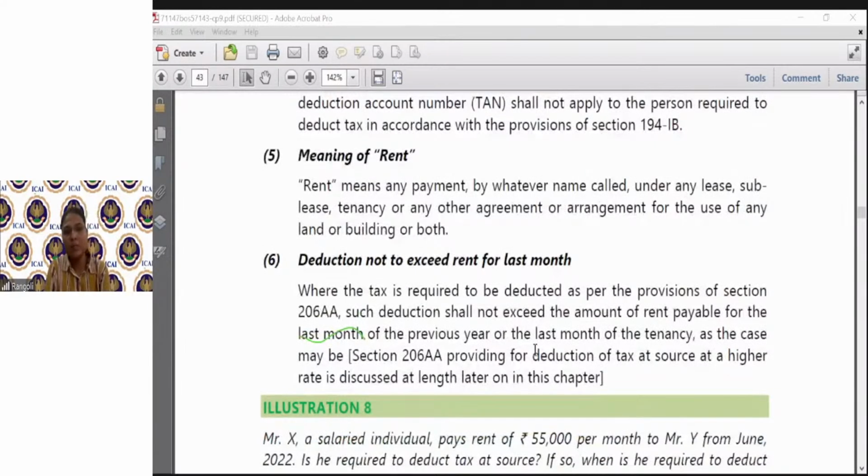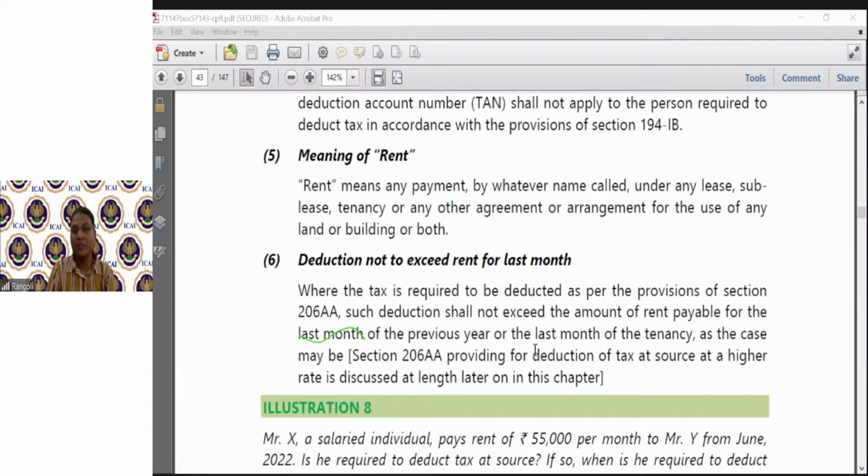Now the sixth point is very important, my dear friend. I'll explain section 206AA here only. But as per section 206AA, if the payee has not provided PAN to you, say for example, Mr. X is payer and Mr. Y is payee.